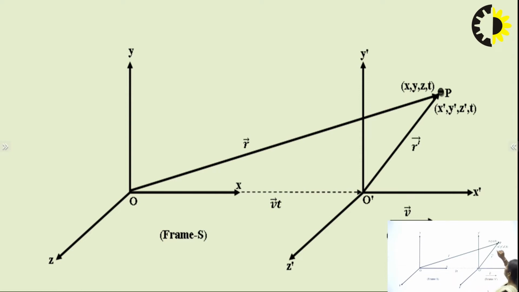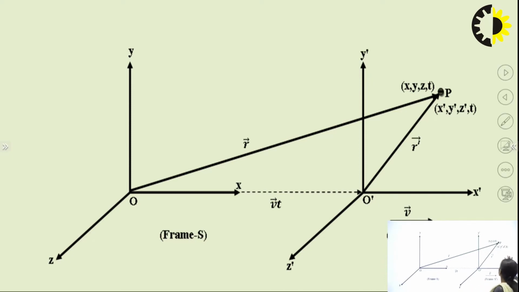The observer is saying that the position of this point P is in terms of x, y, z and the time coordinate T. So, all this information the S frame observer is going to give. I think with the help of this diagram, it is clear how the frames are working and how they are going to be used, all right, further.